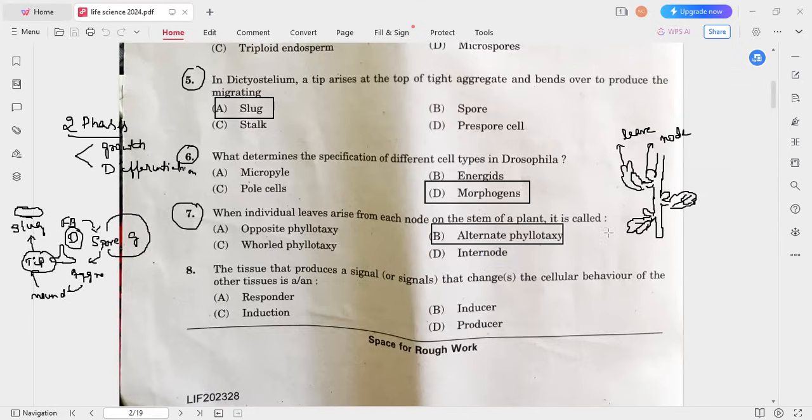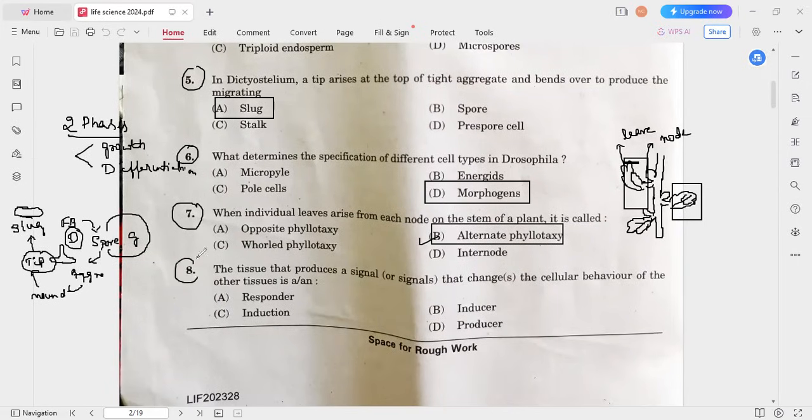That is the formation of leaves on the stem. You can see it is alternate, right? Here, and also here. So this type of phyllotaxy we call alternate phyllotaxy. That's why the answer for question number 7 is option B, alternate phyllotaxy.